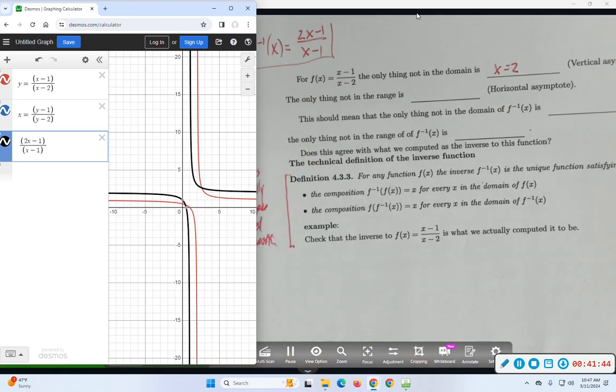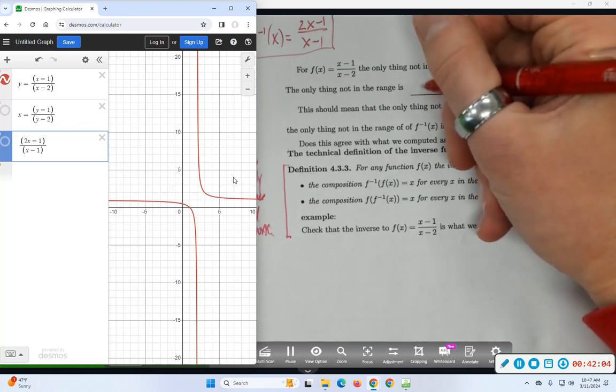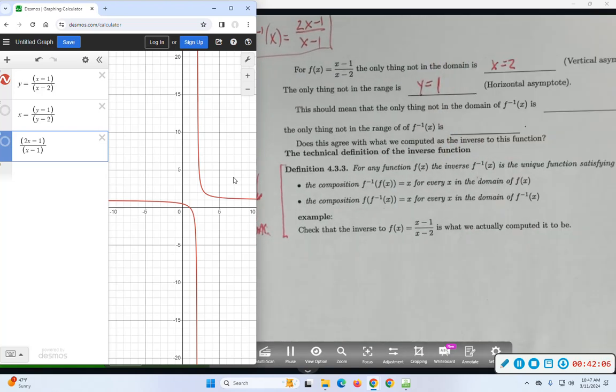If you inspect the graph of this original function, maybe you believe that the only thing not in the range is the location of that horizontal asymptote. That seems believable from the graph? Nice. Where's the horizontal asymptote of that thing? 1. So y equals 1 is the only thing not in the range.